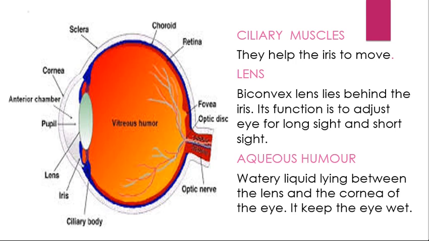It keeps the eye wet and it sustains the curve of the cornea. So what is the basic purpose of aqueous humor? To keep the eye wet so that eye movements are smooth, so that the eyes do not have friction and they can move easily.